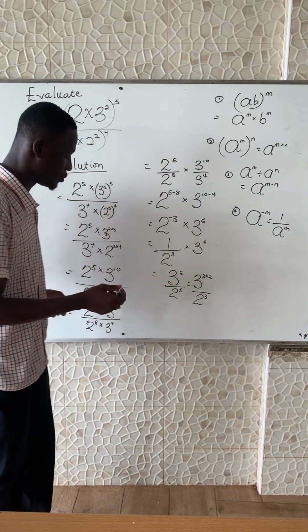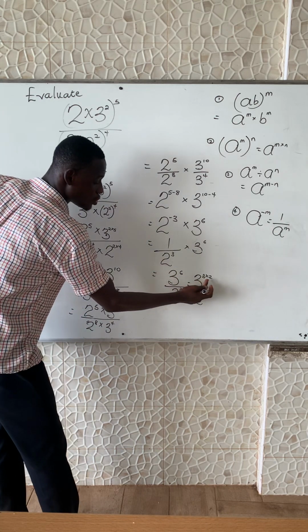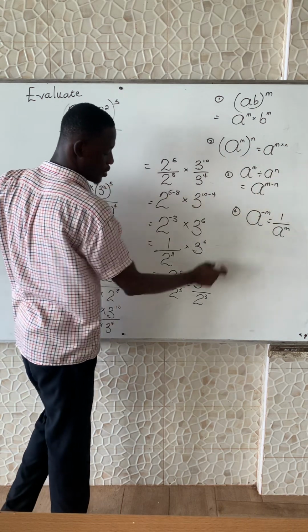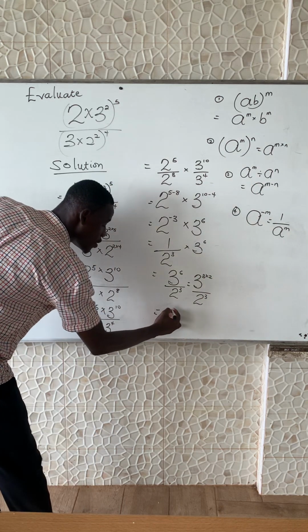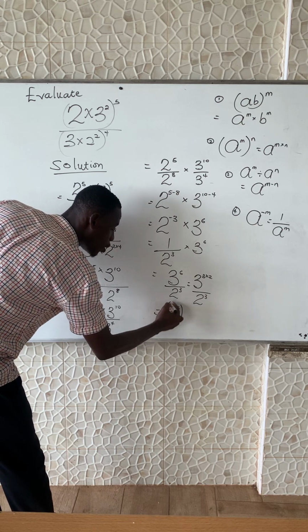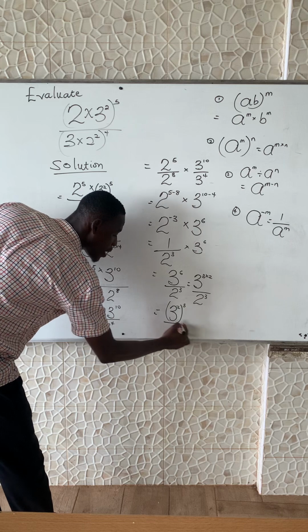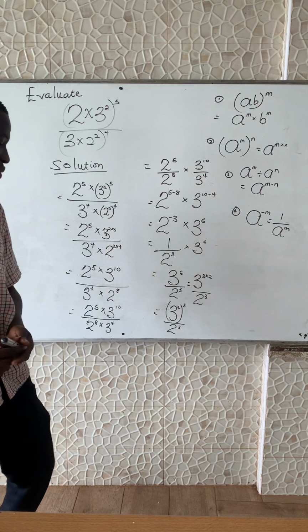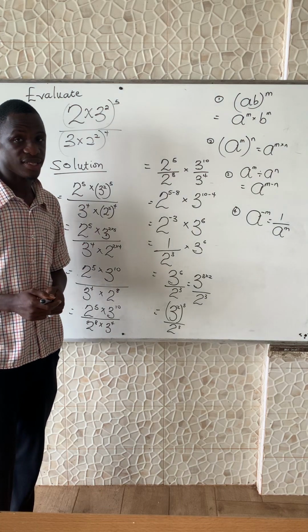Then we apply this the same way that we do over here to now get 3 exponent 2, all exponent 3, divided by 2 exponent 3. I hope you get it.